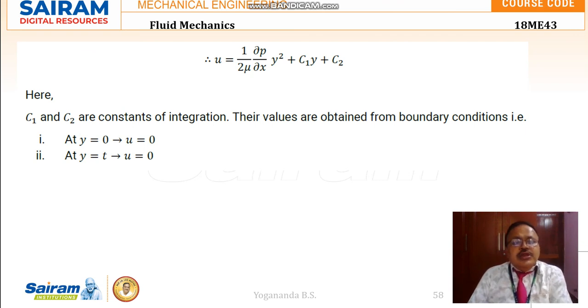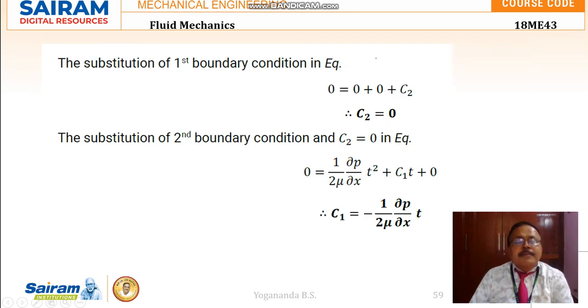These values can be obtained from the boundary conditions. When y is equal to 0, exactly at the plate, u is equal to 0. At y is equal to t, that is at the other plate, the top plate, once again u is equal to 0. These are the two extreme conditions.